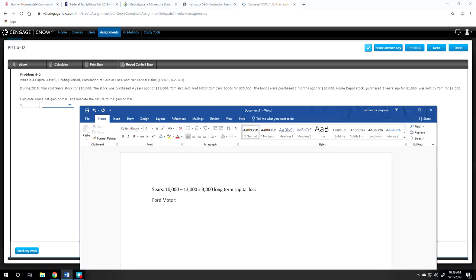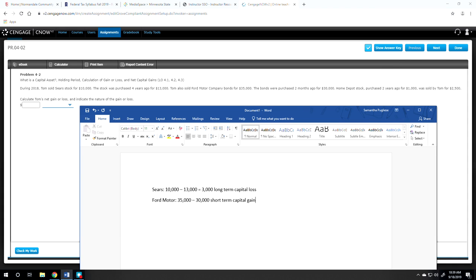We bought the bonds for 30 and sold them for 35. So what we sold them for minus what we purchased them for is a gain, right? But it's going to be a short-term capital gain.